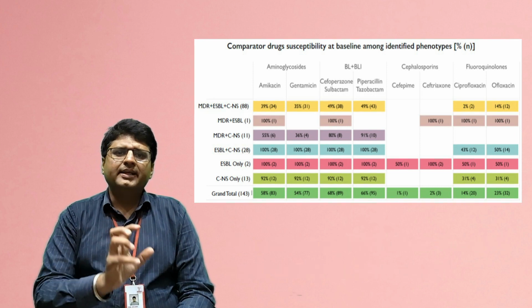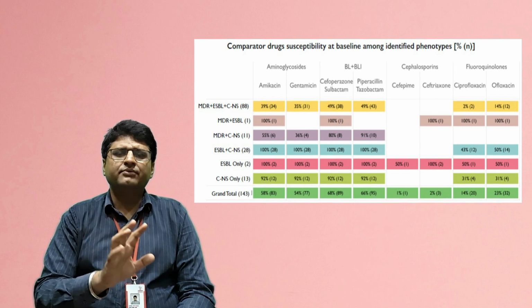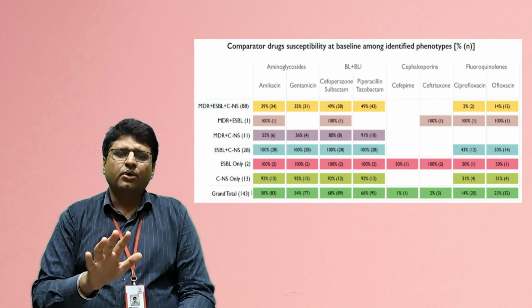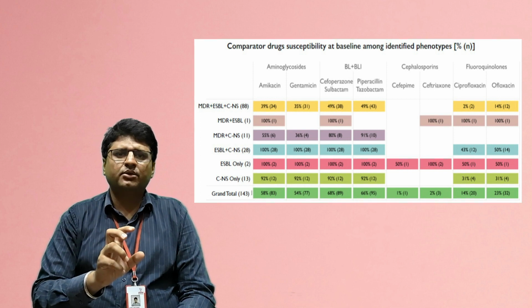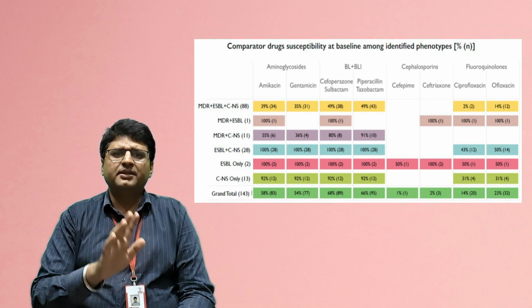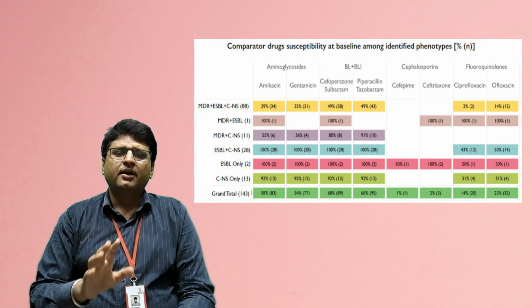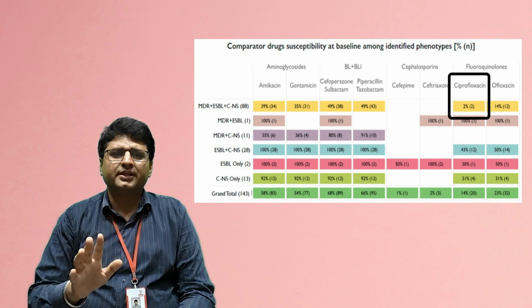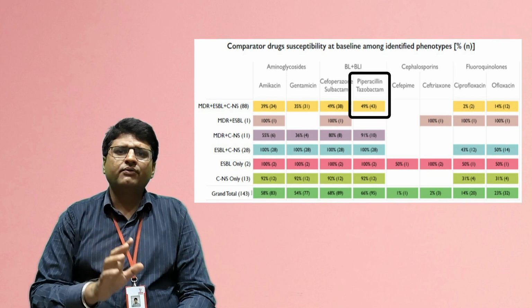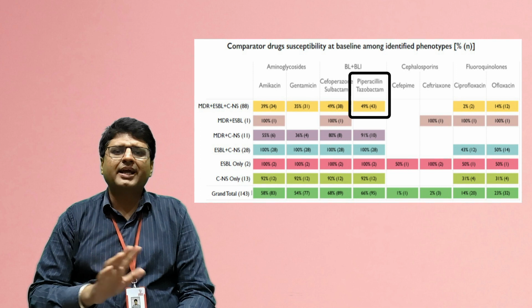The susceptibility of ciprofloxacin is only 2%, and the susceptibility of piperacillin tazobactam is 49%.